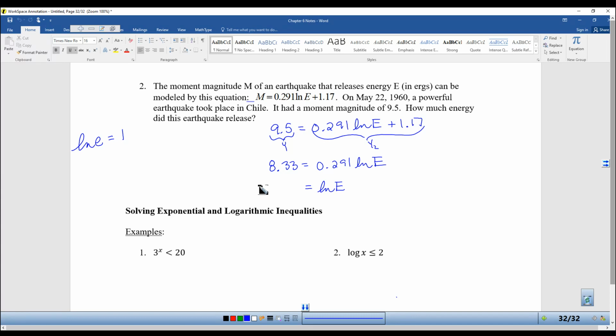And I get, all right, so again, I'm going to write down 28.625, but I'm going to leave that whole number on my calculator. And then I'm going to do e to the 28.625 is equal to e to the natural log of E. So since this number's already on my calculator, I can do e to the answer, and that's how you can use that.